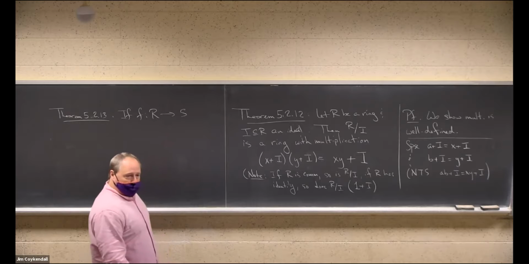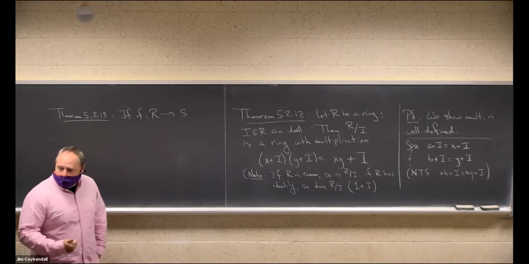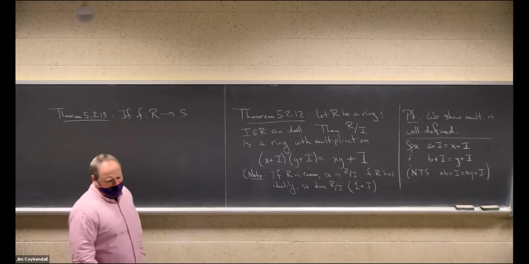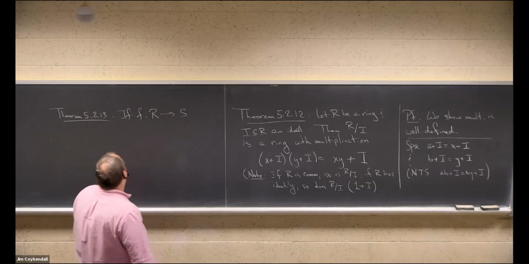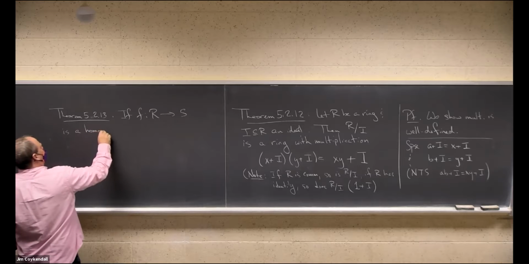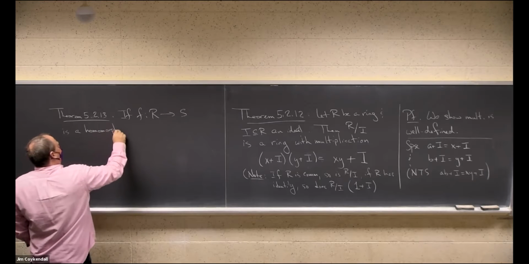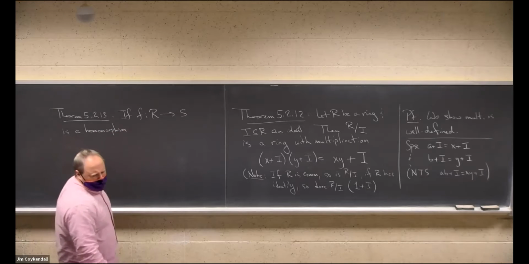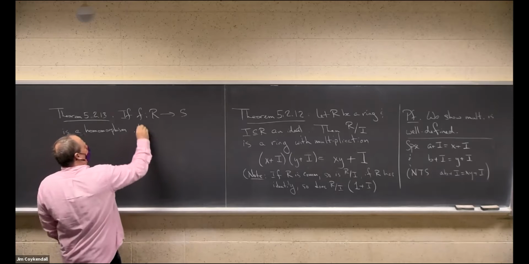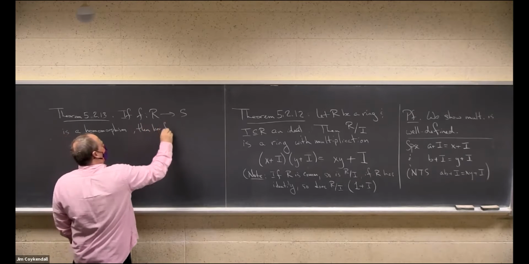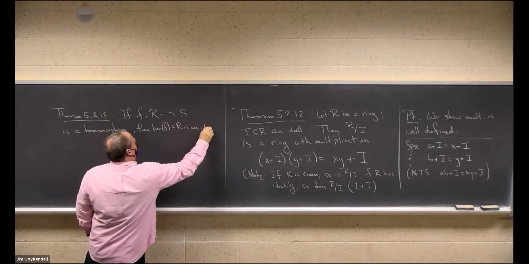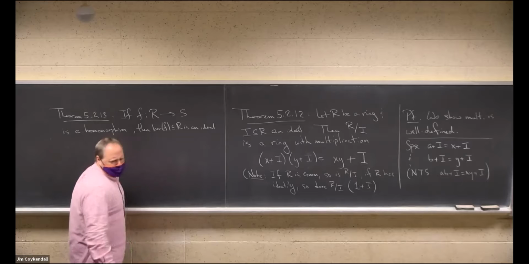And what's coming just around the corner is the analog of our isomorphism theorems, this time for rings instead of just for groups. The kernel of a homomorphism of rings is an ideal of R. We showed that last time.